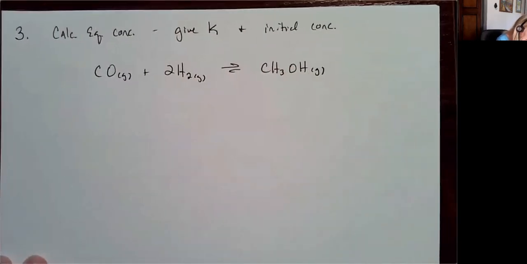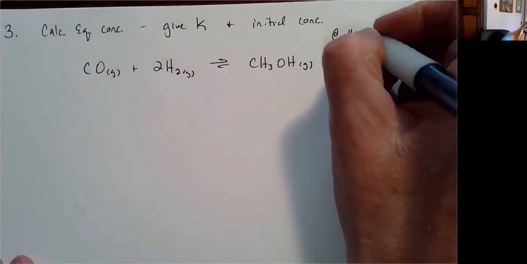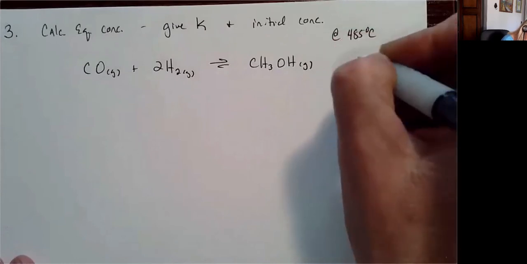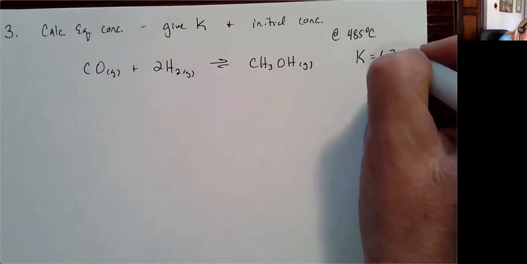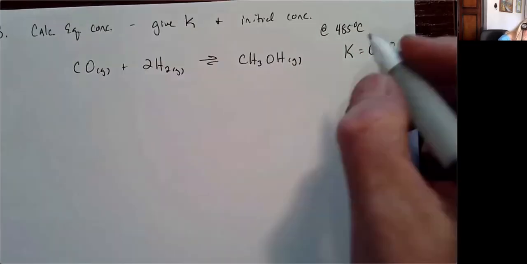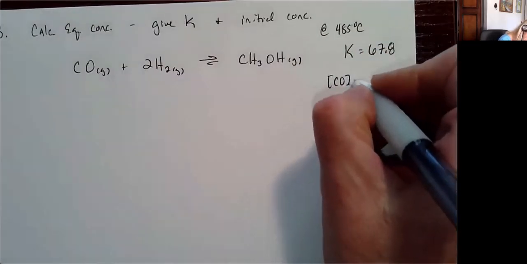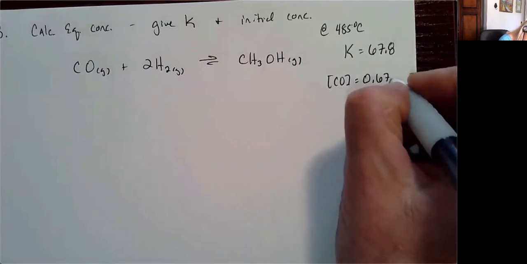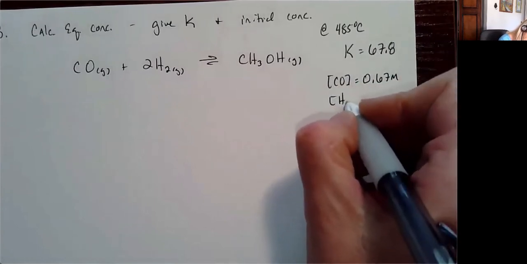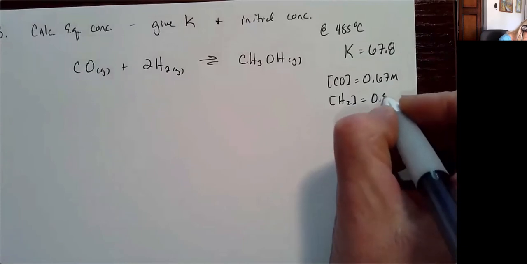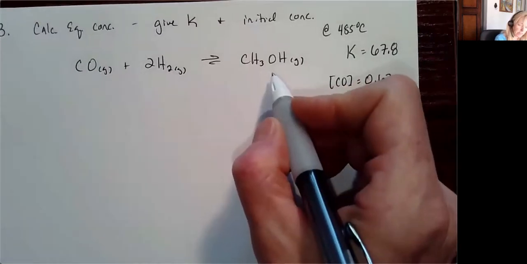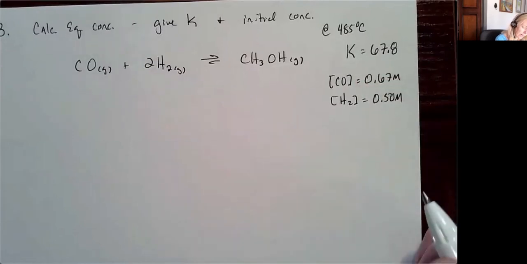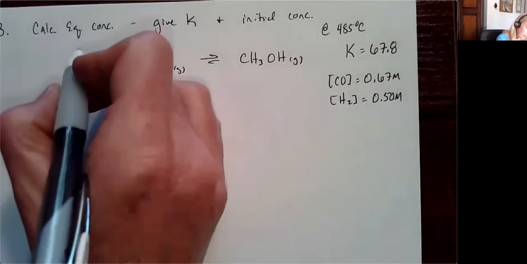And let's say at 485 degrees Celsius, my K for this is going to be 67.8. My initial concentration of CO is 0.67 molarity. My initial concentration of hydrogen is 0.50 molarity. And I'm going to assume that I don't have an initial concentration of this. And I want to know what are my equilibrium concentrations.